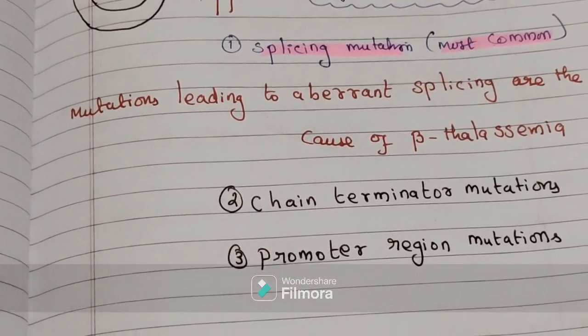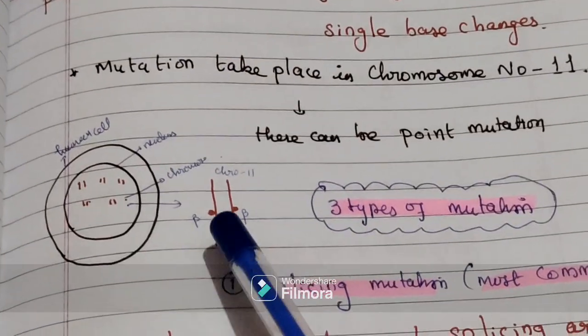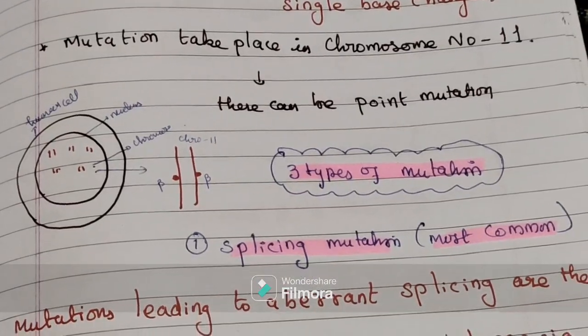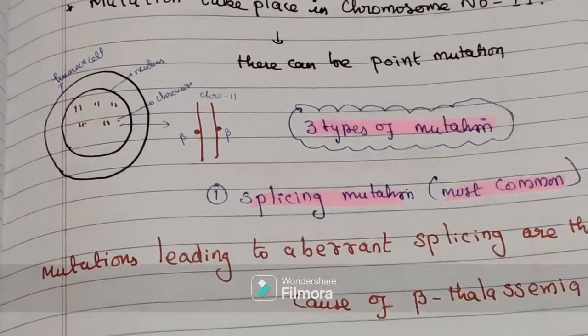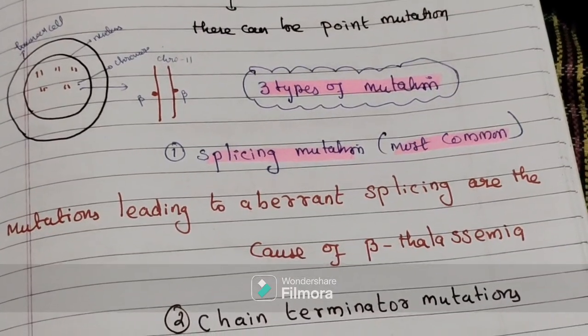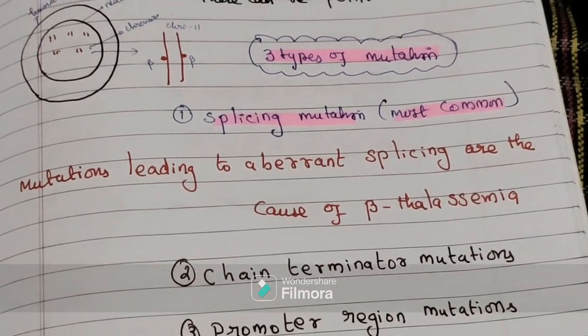Any of them or all of them are point mutations. Most common is the splicing mutation, which reduces the synthesis or causes zero synthesis of beta chain.